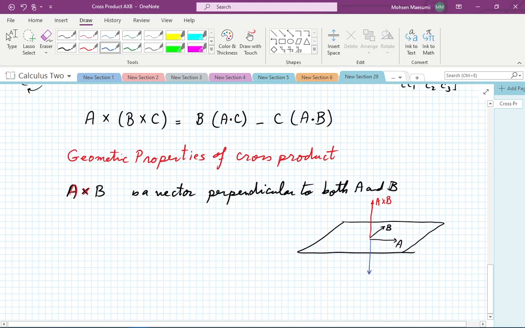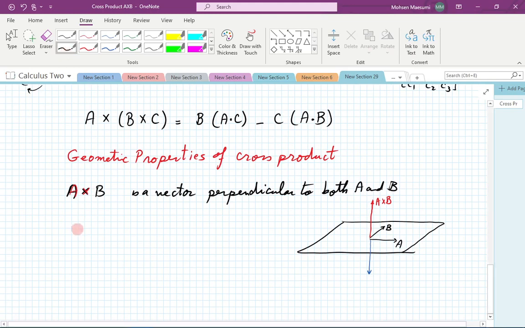Here is a standard so-called right hand rule. If you take your hand and rotate it from A to B, then the thumb of your right hand is going to be in the direction of A cross B. So that is one way to remember that.